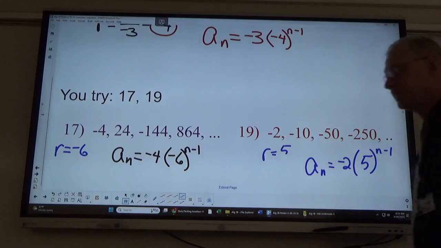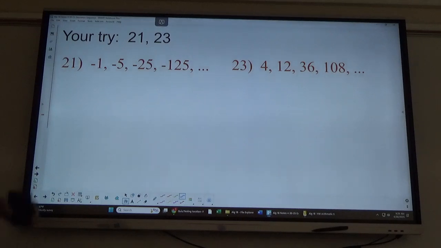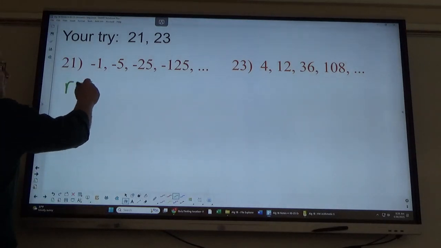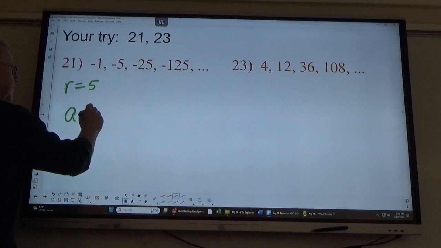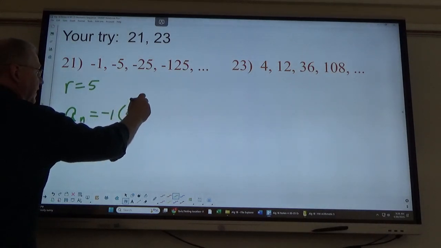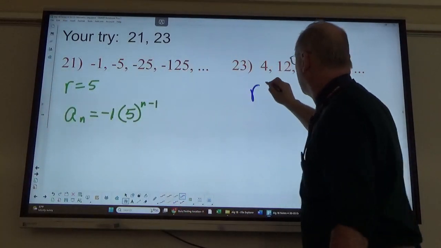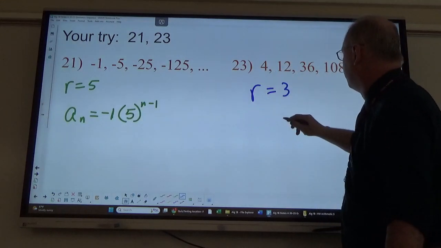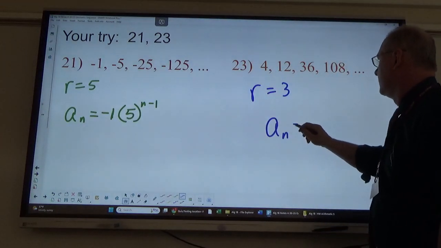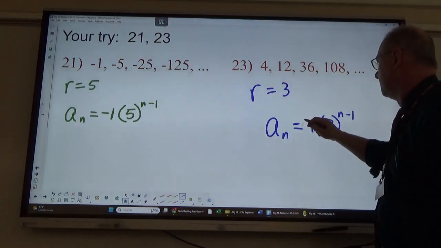There you have it. Let's take a look at another couple examples. Please give those two a try and come back when you're ready. R here was 5, so a sub n is going to be -1 times 5 to the n minus 1 power. And over here, r is 3, 12 divided by 4, so a sub n is 4 times 3 to the n minus 1.